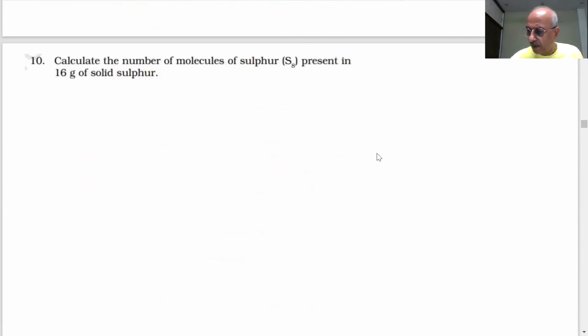Calculate the number of molecules of S8 in 16 gram of solid sulfur. Molecules, he is saying. 1 mole is equal to how many particles? So first you calculate moles, then we will multiply.